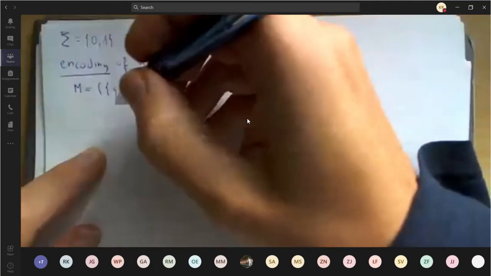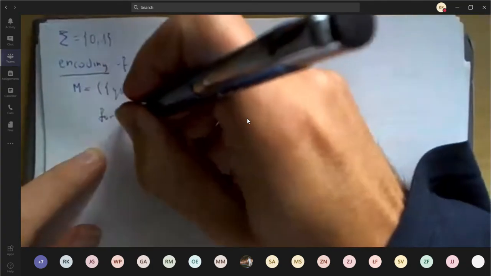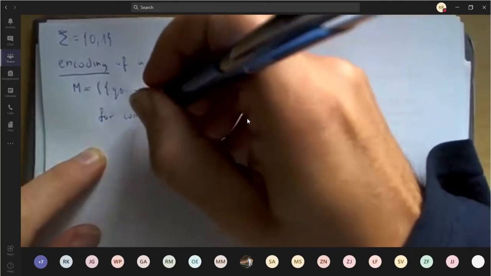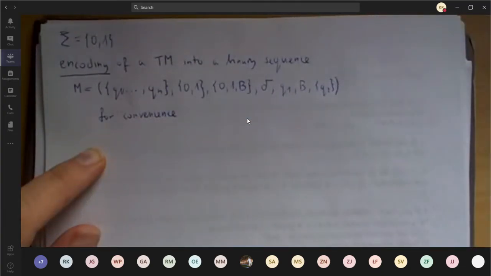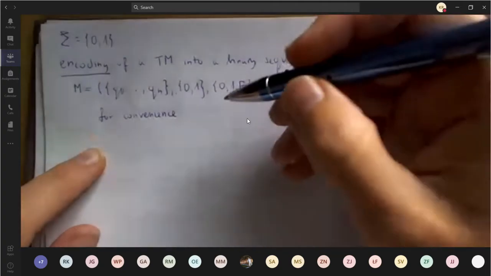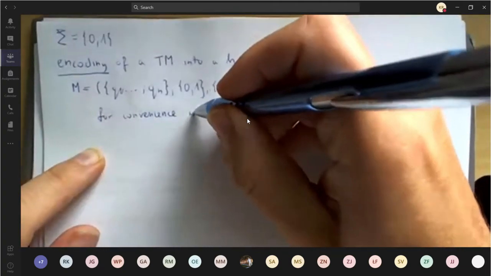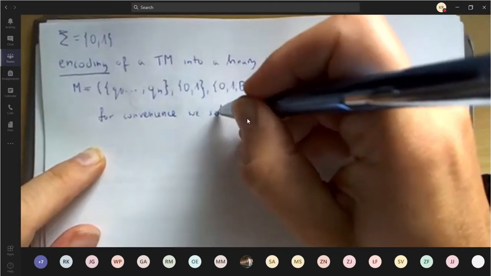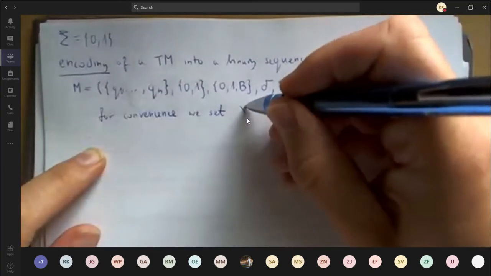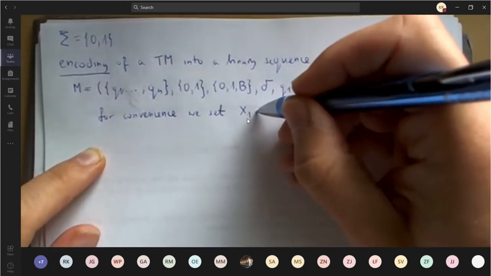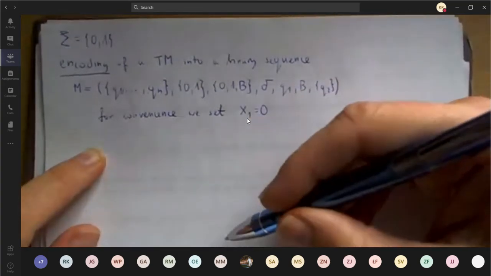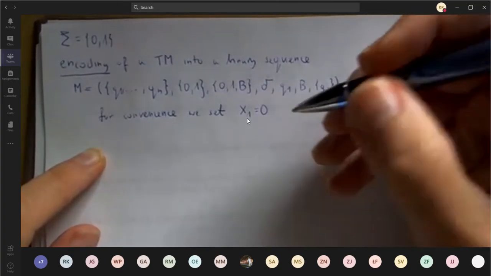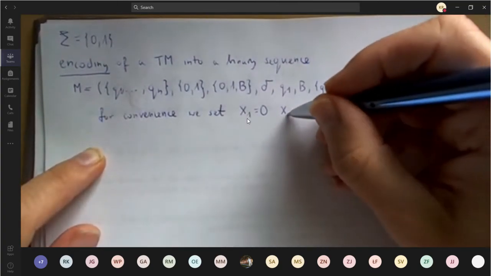Okay, for convenience, we will use variables. X1 is equal to 0, to make the rest of the encoding easier to understand and easier to write.